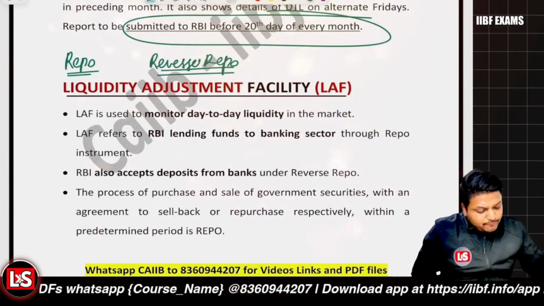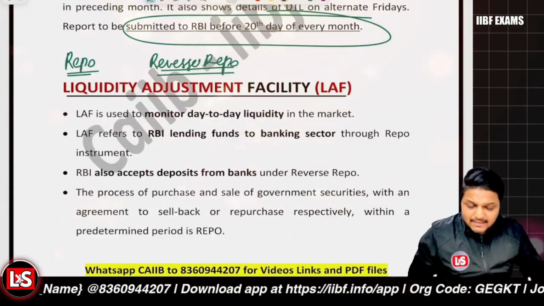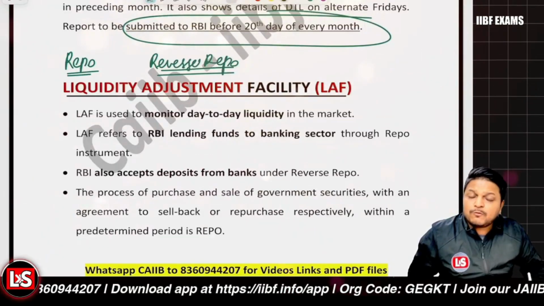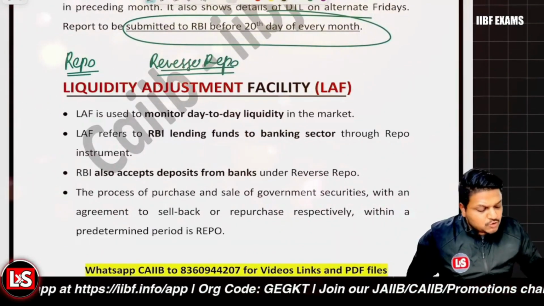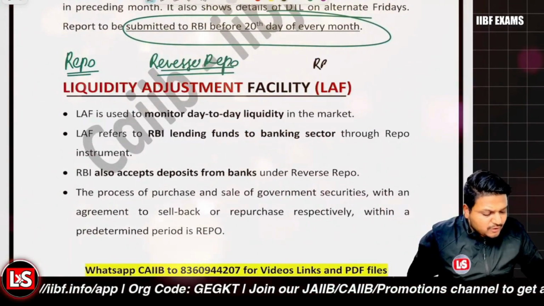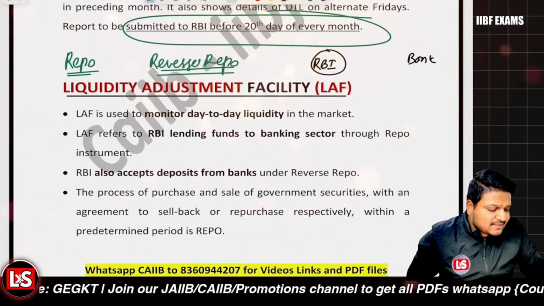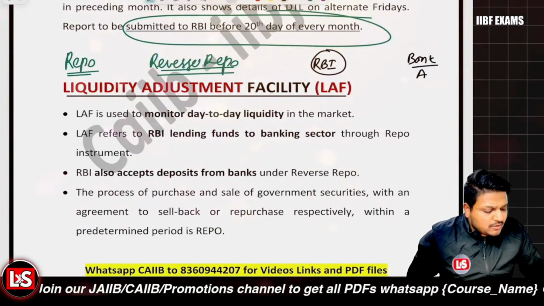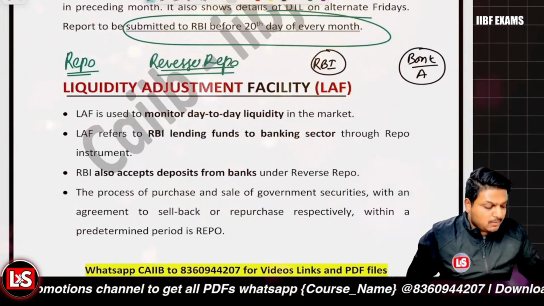So if the bank uses the repo, what is that going to do? Basically, repo is the rate at which the RBI lends money to the banks. So here we are taking the case of the Reserve Bank of India, and bank A, which has excess government securities on which no charge has been created, that is, they are unencumbered, right?